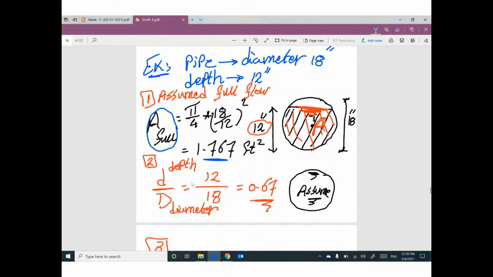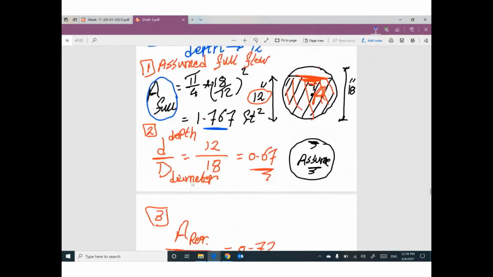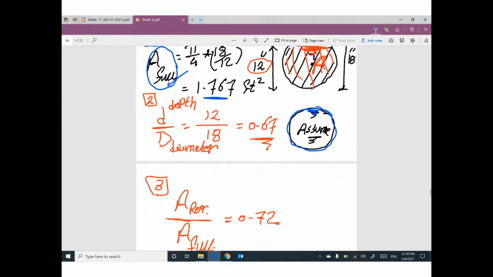Any question so far? I will do another example, but any question so far? It's very easy. The first step, please go ahead and assume you have full flow. The pipe is full. What is the area? Second step, what is the ratio between water depth and the diameter of the pipe?